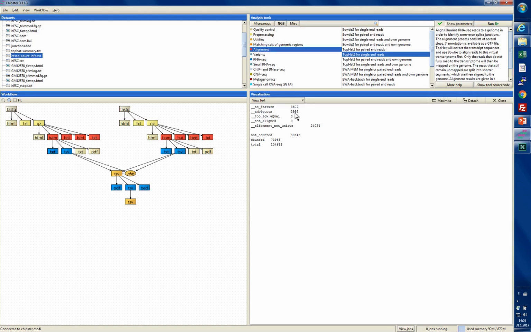So the software couldn't decide which gene it is counted to, and 3,600 alignments were not in any gene area. They were in the no feature area.